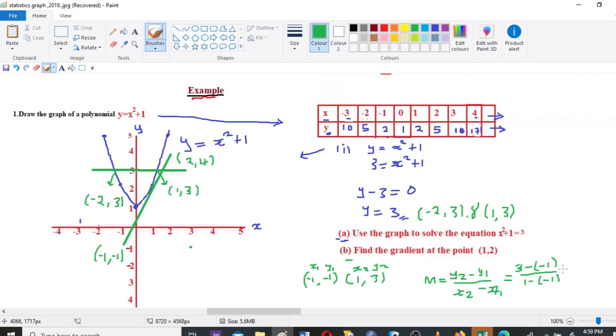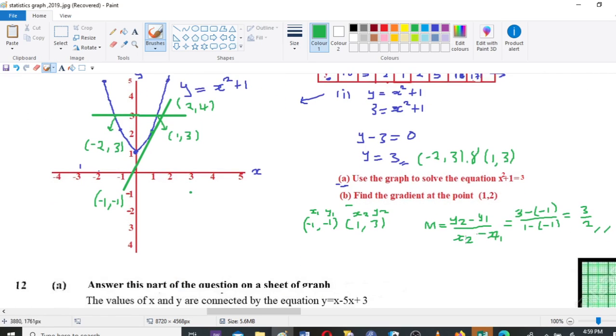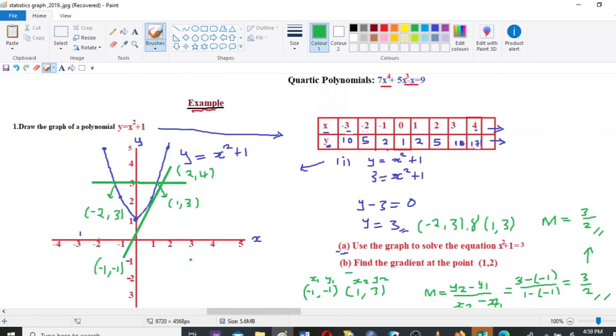On top we have 3, and at the bottom we have positive 2. So this is the value of the gradient. Our gradient m is equal to 3/2.